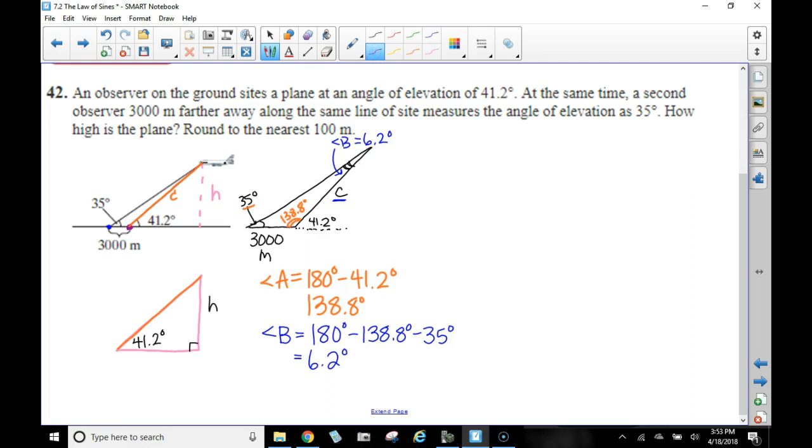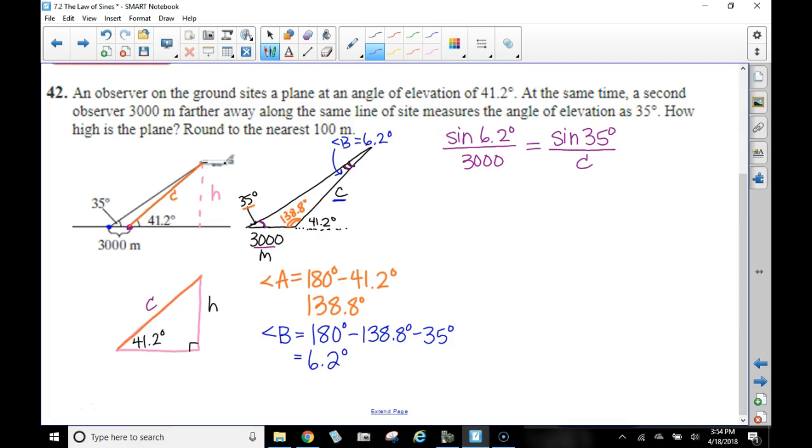So here we go. I'm going to say the sine of 6.2 degrees is to its side opposite, the 3,000 meters, as the sine of 35 degrees is to its side opposite, and we've labeled that side C. That is the same side C that we need over there in our right triangle in a minute.